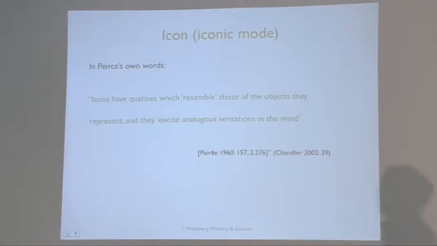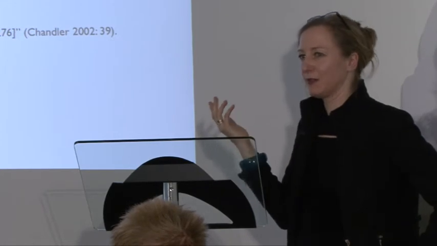So just to give you this one original definition by Peirce about the icon: icons have qualities which resemble those of the objects they represent. So there's resemblance between the worm and the branches. And they excite analogous sensations in the mind. Okay, so something to think about, analogous sensations. That means we can map this onto some known concept we have, some conceptual structure, some memory, something that we have felt before.